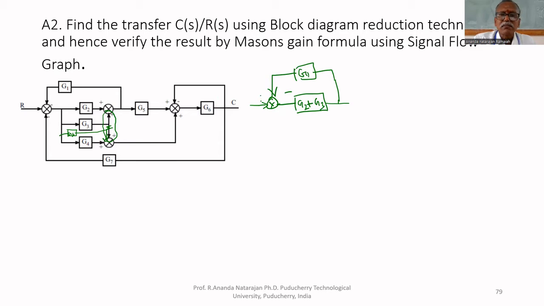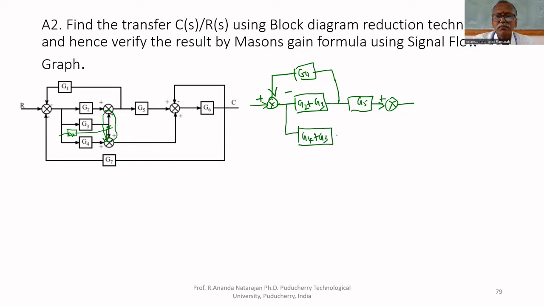minus, this is plus. Then G5 is there. This is plus. Now, this signal is coming down. G3 should be added to G4 also.